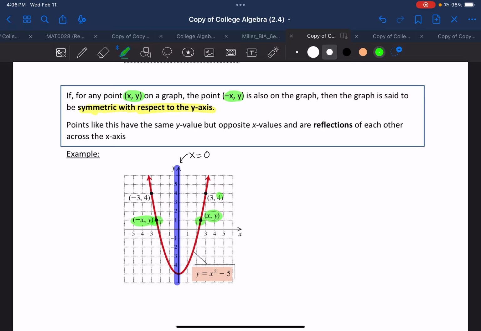And then there's another point here, (3, 4), and so of course the point (-3, 4) would also be on that graph. And points like these are called reflections of each other over the y-axis. This is a typo, so this should say y-axis here.